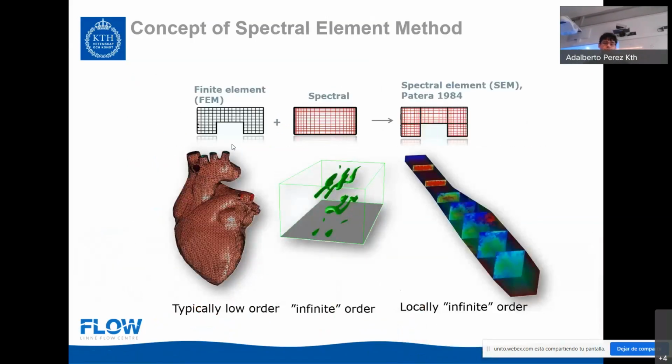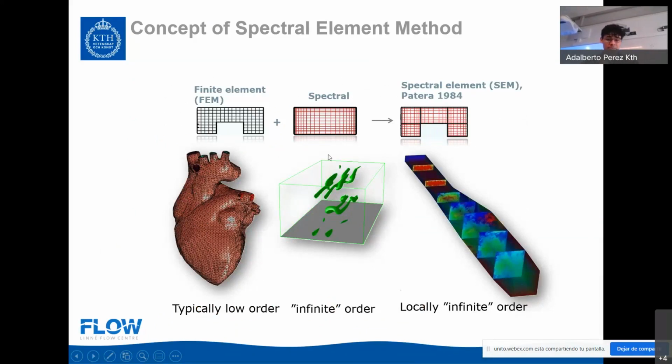So, to explain to you a little bit the concept of spectral method, I have this slide here. Perhaps you are familiar with finite element methods, and if not, then I will just explain to you very briefly. It is a low order method that allows to mesh very complex geometries. Like for example, here we have a heart geometry, and it's possible to mesh this, but again, it's typically low order.